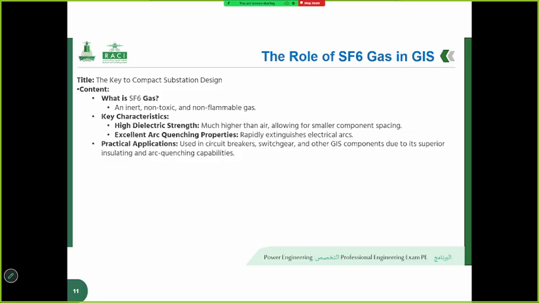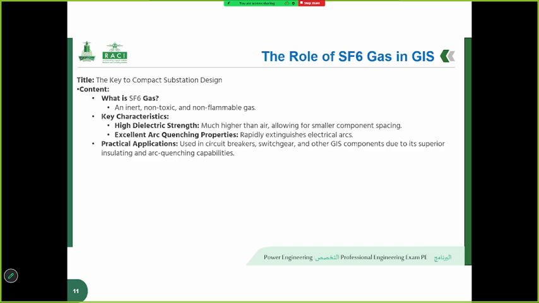We have key characteristics listed here in two items. First, high dielectric strength. This is the most important characteristic of SF6. Its dielectric strength is about 2.5 times higher than that of air and 10 times higher than that of insulating oil.